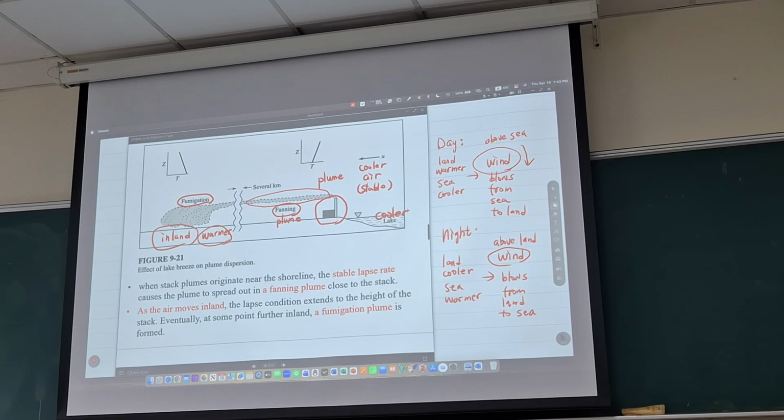And also the lower atmosphere over the land becomes unstable.